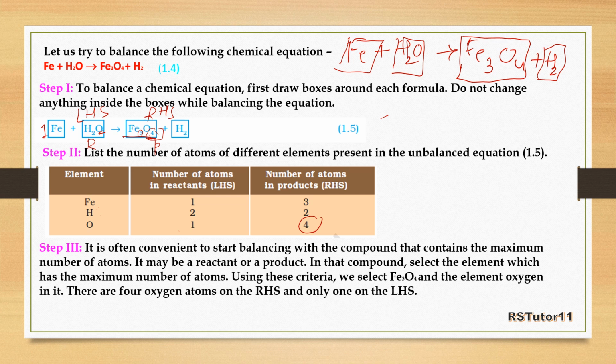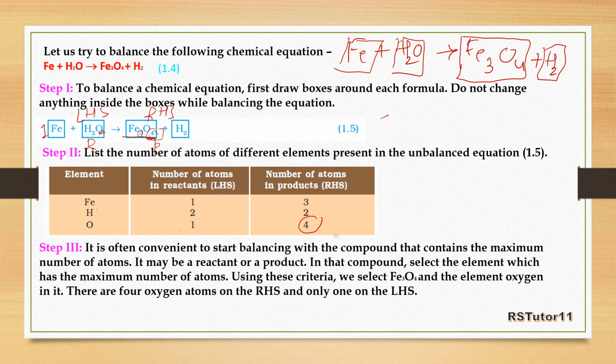In that compound, select the element which has the maximum number of atoms. If it were Fe plus H2 with 6, then 4 is not greater than 6, so we would have taken the LHS, the reactant side. But here O4 is greater, so for this equation we are taking the RHS.